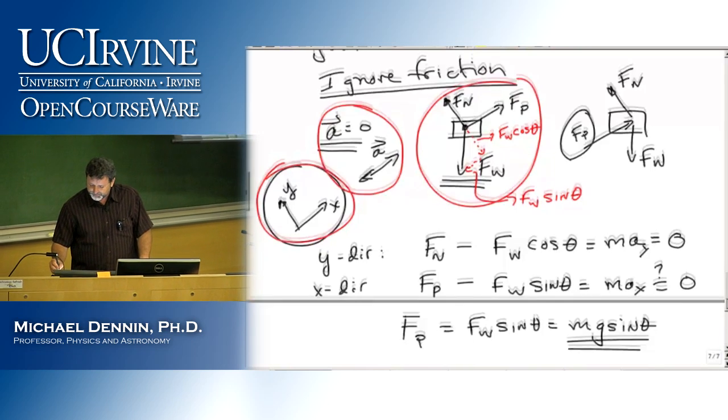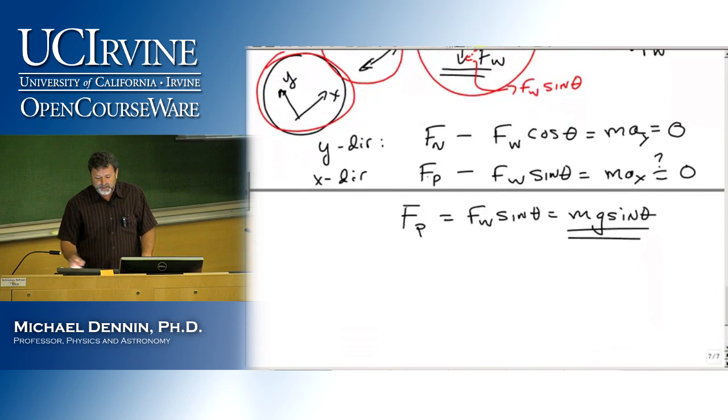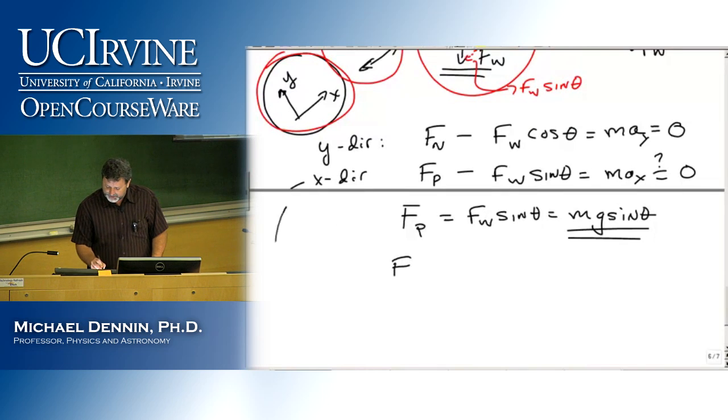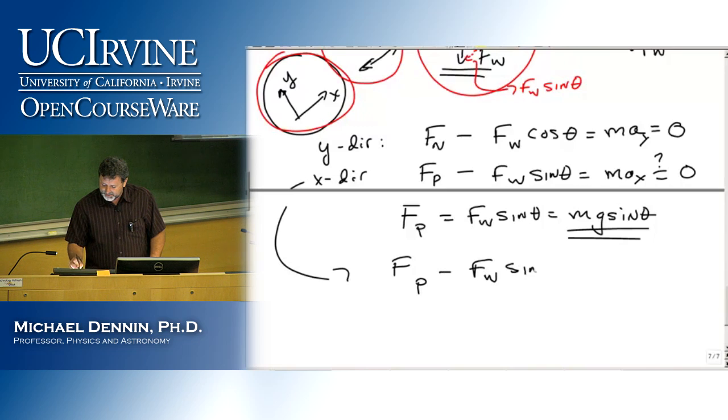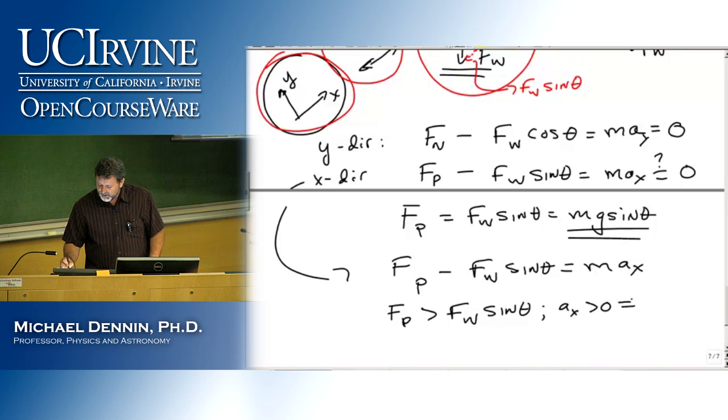Notice, by breaking it into components, I immediately see from my x direction that Fp minus Fw sine theta equals m a_x. So if Fp is greater than Fw sine theta, then a_x is greater than 0, and I accelerate up the ramp.